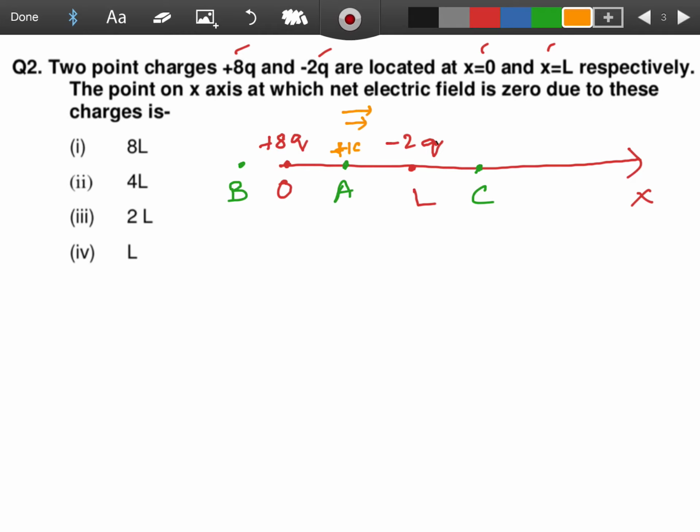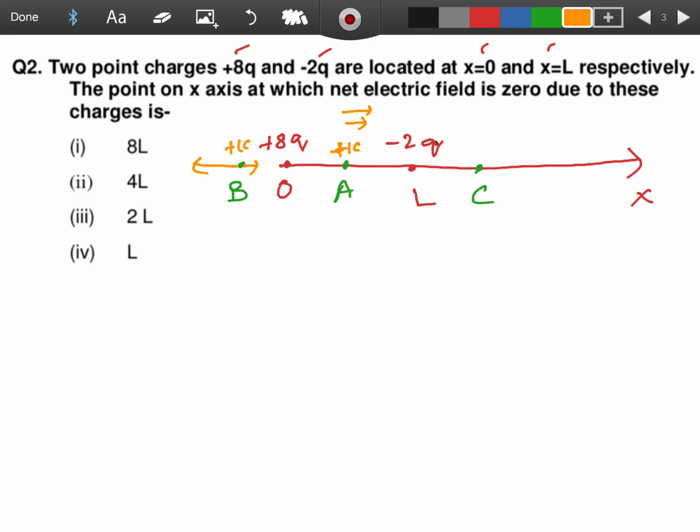Now at B and C, 2 locations are there. First let us find at B. Again you keep a unit positive charge here. So plus 8q will repel it and minus 2q will attract it. So the two forces are opposite. Yes, there is a chance of the electric field becoming 0. But if you observe clearly, the location of point B is very close to plus 8q.